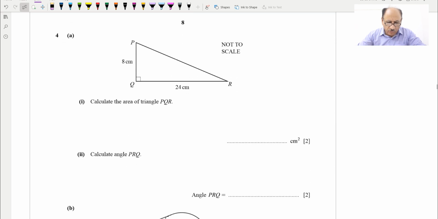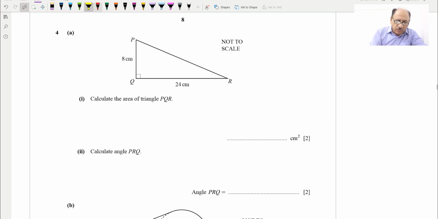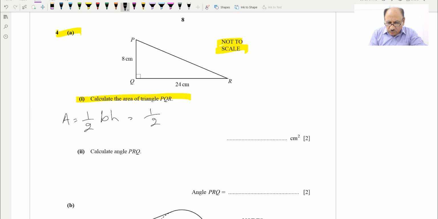Now question number 4a part, and 4a part says that a triangle is provided which is not to scale. Calculate the area of the triangle, half into AB sin C, or half into base into height. So base into height basically we will be doing here because we have base and height. So half into base is 24 and height is 8.